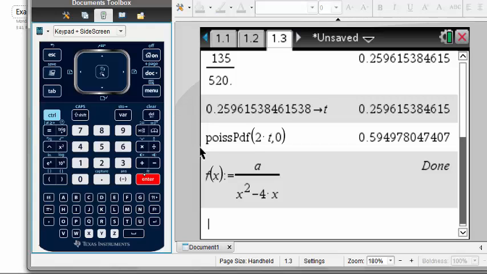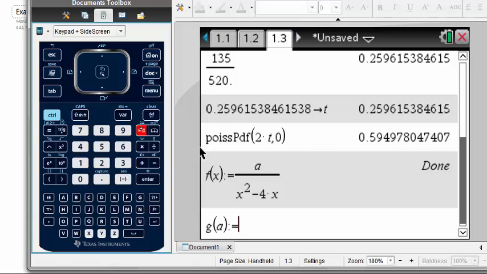Now, what I really want to do with f of x is integrate it from 1 to 3 and then solve for a. So I'm going to define another function, and I'm going to call this one g of a. Because this is a different function name, and the variable that's going to be in it is a.